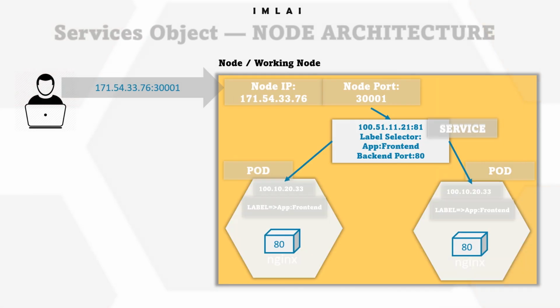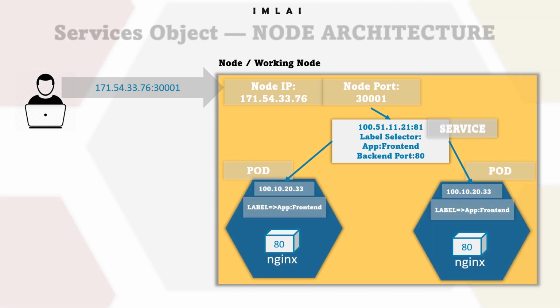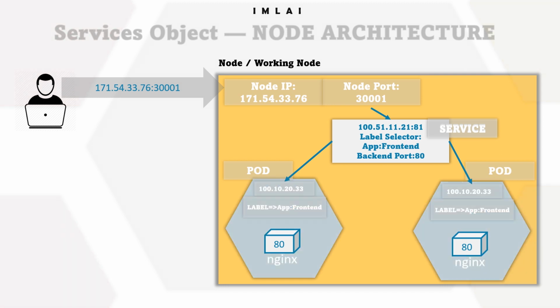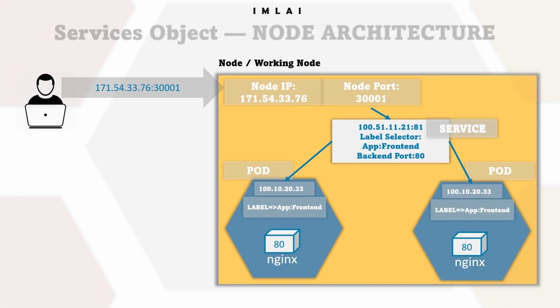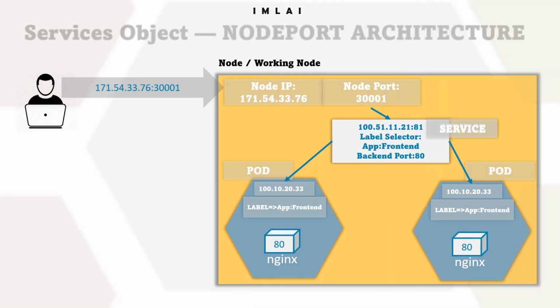So first we will understand the service of type node port. This is specifically about node port. So node port architecture. So let's say you have two pods running inside a single cluster.